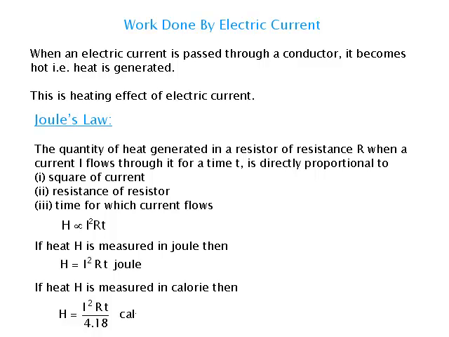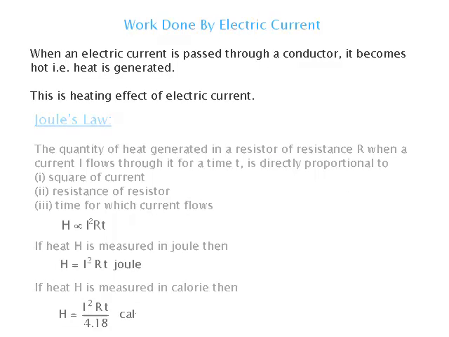Thus, H is proportional to I²Rt. If heat H is measured in joules, then H is equal to I²Rt joules. If heat H is measured in calorie, then H is equal to I²Rt upon 4.18 calorie.